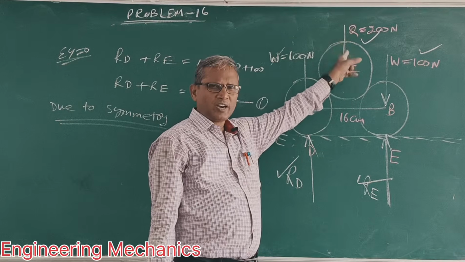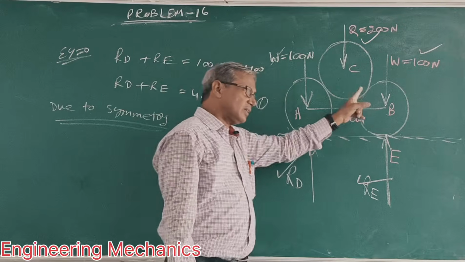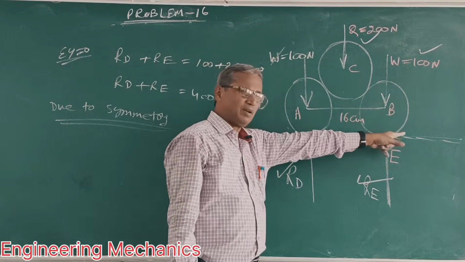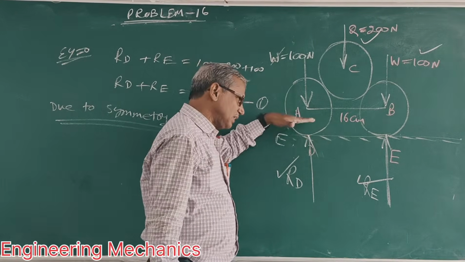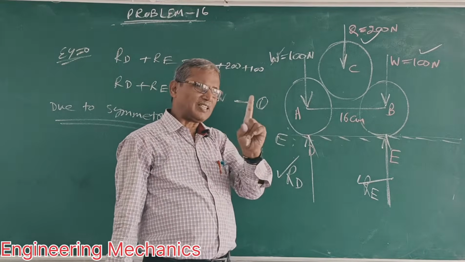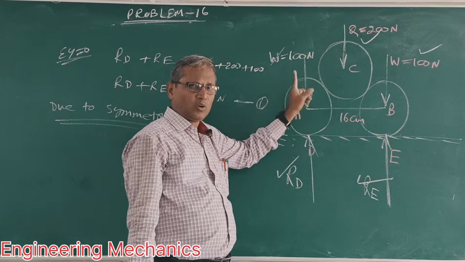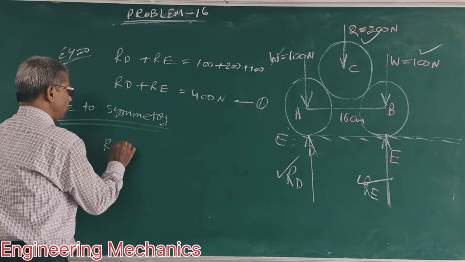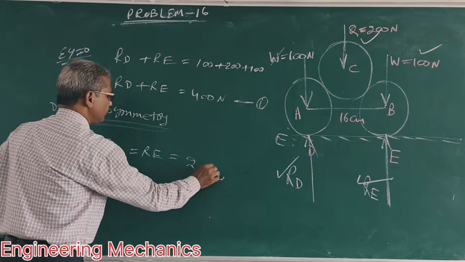This 200 Newton will divide equally between both rollers. If this side takes more, the roller will move one way; if that side takes more, the roller will try to move the other way. So the string AB will not keep the system in equilibrium. So to keep equilibrium, the 200 Newton force is equally divided between A and B. That means RD is equal to RE, 200 Newton. Clear?